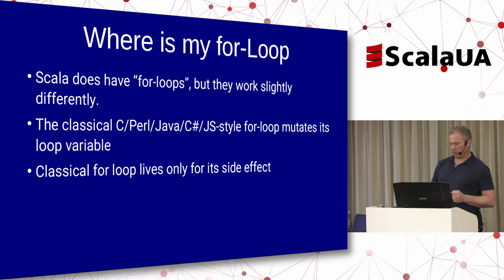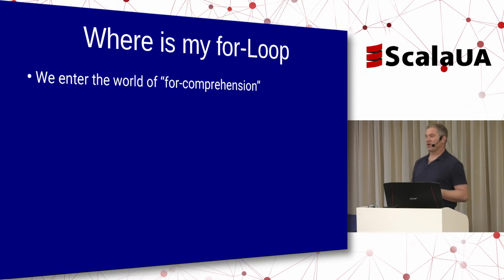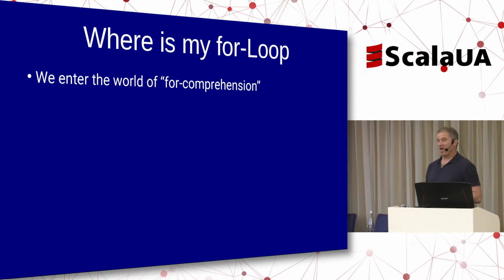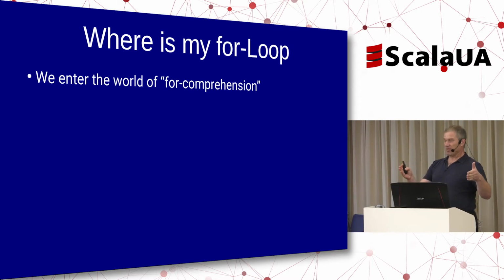And how do we deal with it? So we have the world of for comprehensions. And that is basically just another way to write things like map and flat map. So basically what we do, and what we should do, is we have collections, and then we run functions on these collections with map and flat map.